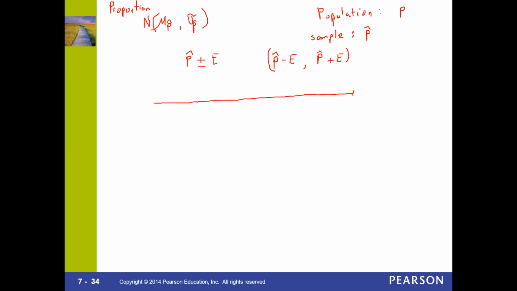This is going to be p hat minus e, some error. Okay, this is the error, which we can also call the margin of error.